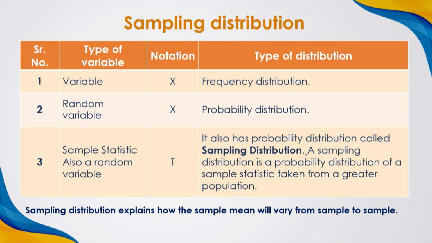And finally, if the variable is a sample statistic and this is also a random variable, therefore, again we are going for a probability distribution, and that probability distribution is called a sampling distribution. A sampling distribution is a probability distribution of a sample statistic taken from a greater population. Sampling distribution explains how the sample mean will vary from sample to sample.